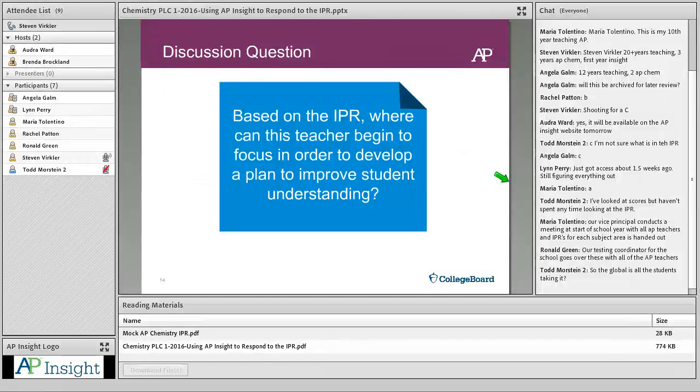All right. So we're going to look at a mock IPR, and at any point, I want you to ask questions about what we're going to see. So this is going to be basically a fake teacher. And we're going to look at some of the teacher's data and sort of decide where this teacher could make some improvements.